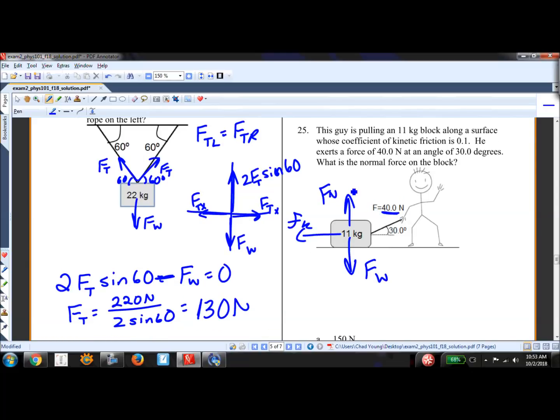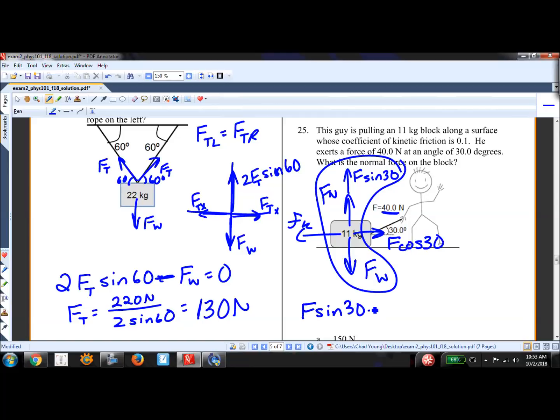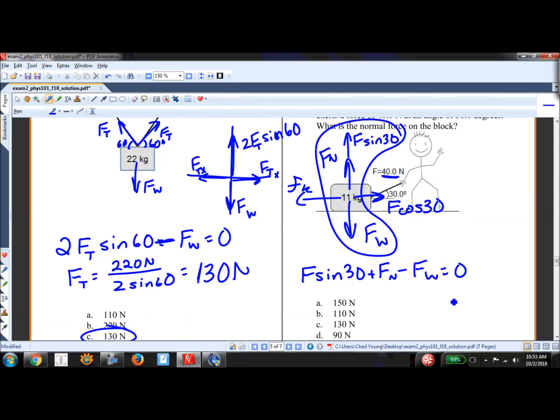I'm going to go ahead and resolve this force into its components. I have F sine of 30, and I have F cosine of 30. I know that my y forces add up to equal 0, so I have F sine of 30 plus Fn minus Fw equals 0.